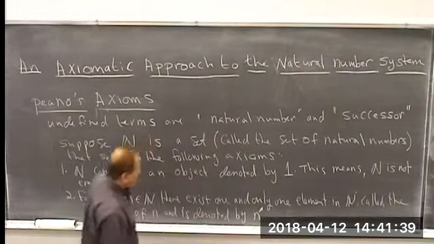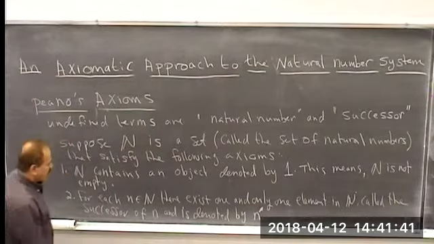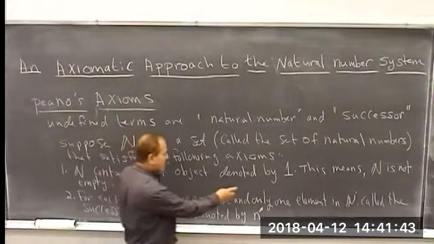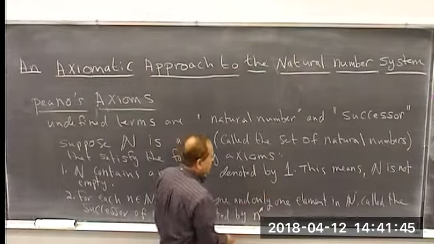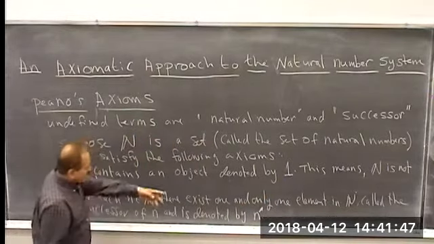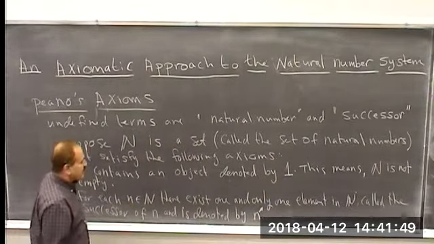Actually, this axiom says that there exists one and only one element in N that we denote by this, which we call the successor.